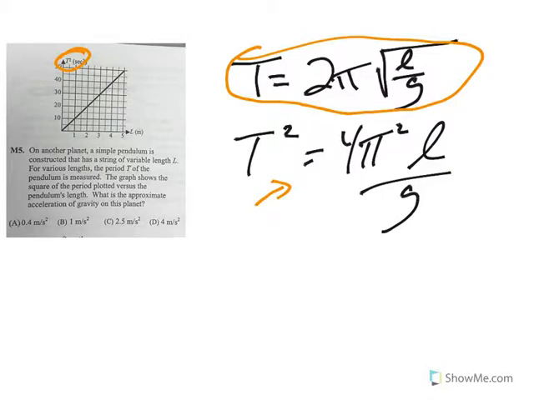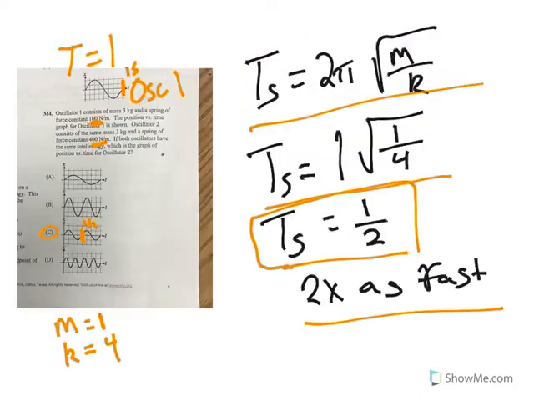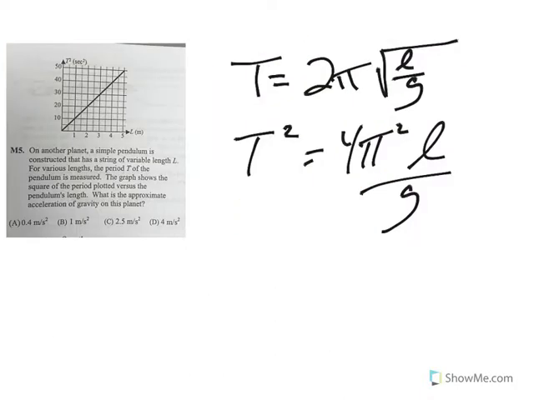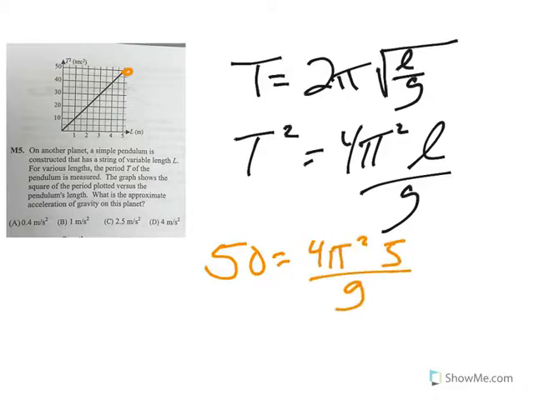So that's what I'm going to do, and I'm just going to pick 50 and 5. So I'm going to plug in 50 for T squared equals 4 pi squared times 5 divided by g. And I'm going to solve for g, so multiply both sides by g and then divide by 50.